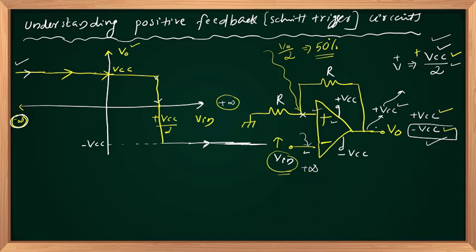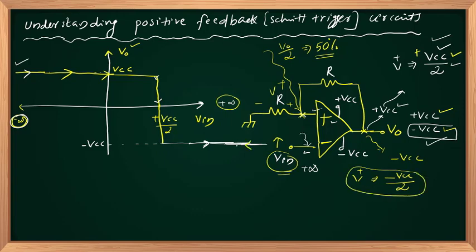The moment the output is at minus VCC, minus VCC will divide equally between these two resistors. So this is my V plus, the positive input voltage with respect to ground. So V plus is equal to minus VCC by 2. So V plus is now at minus VCC by 2.